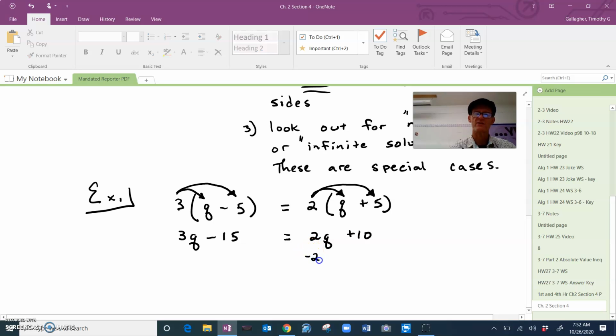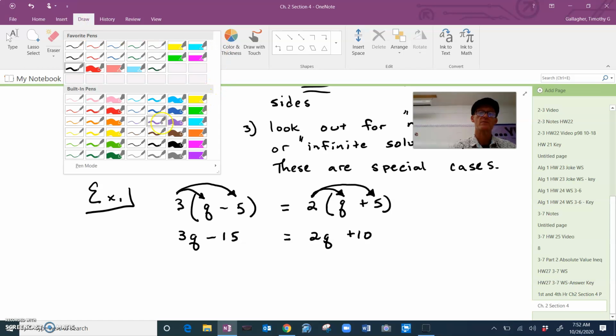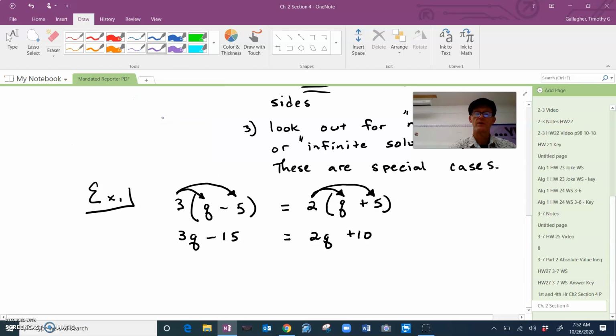I subtract 2q from itself to remove it from this side of the equal sign, and they cancel. The second key idea is to keep the equation balanced, so I have to subtract it from the 3q too.